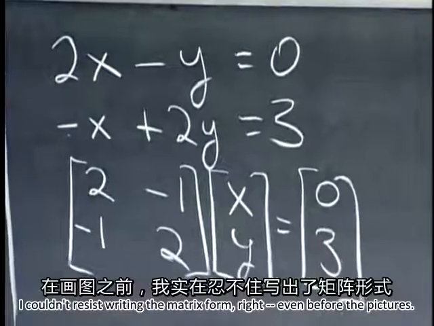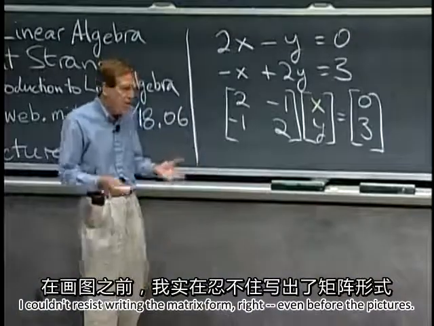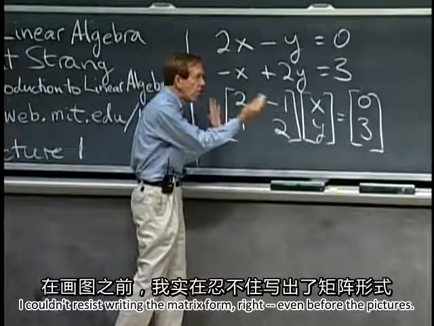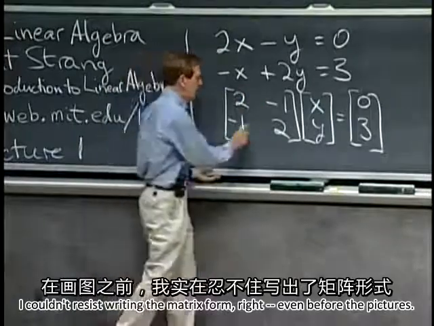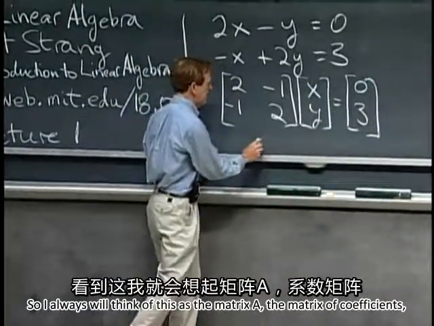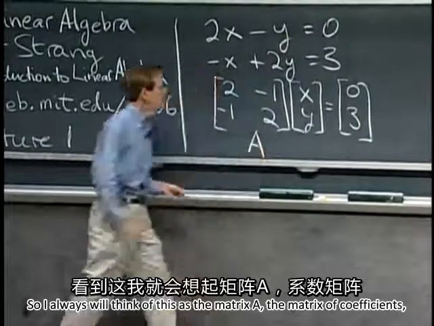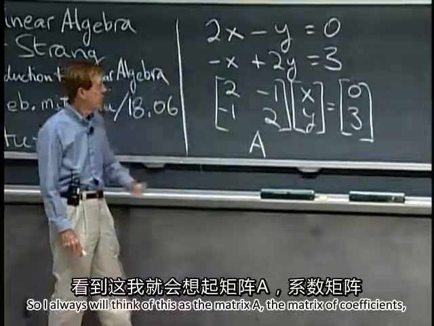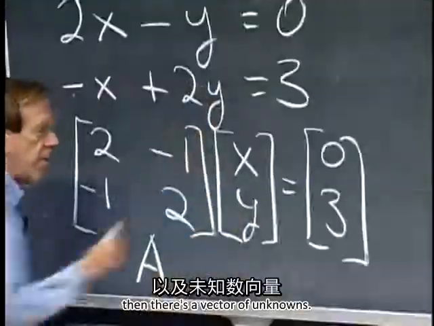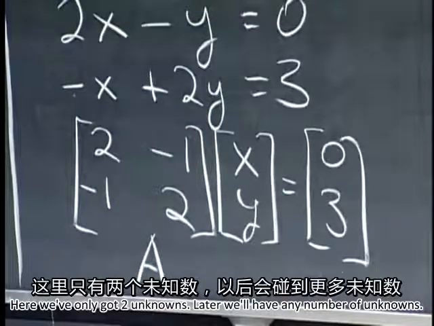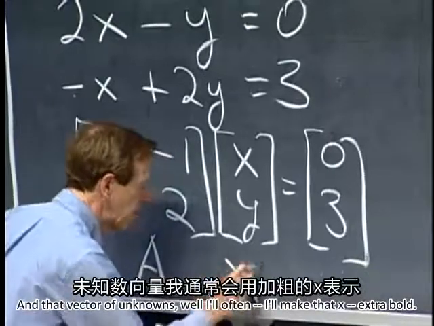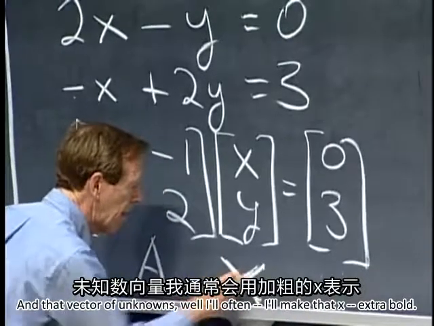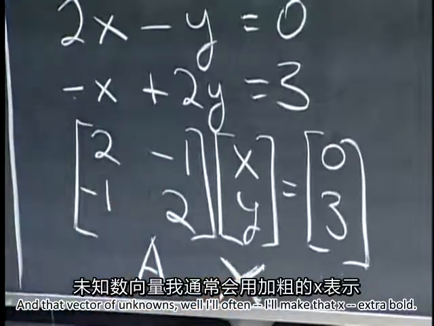I couldn't resist writing the matrix form even before the pictures. So I always will think of this as the matrix A, the matrix of coefficients. Then there's a vector of unknowns. Here we've only got 2 unknowns. Later we'll have any number of unknowns. And that vector of unknowns, well, I'll make that x extra bold.